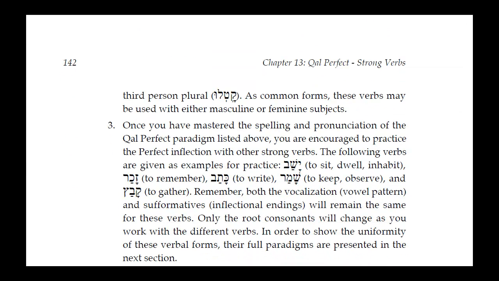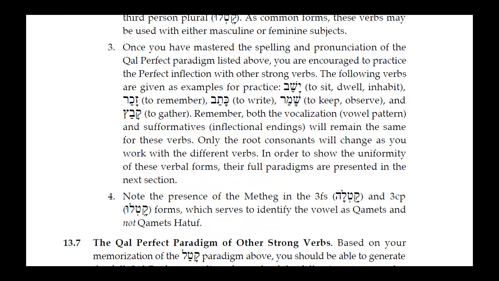So what we're going to do is, once you've mastered the spelling and pronunciation of the qal perfect paradigm list above, you're encouraged to practice perfect inflection with other strong verbs like yashav, shamar, katav, zakar, kavatz, and they pretty much all act the same way.